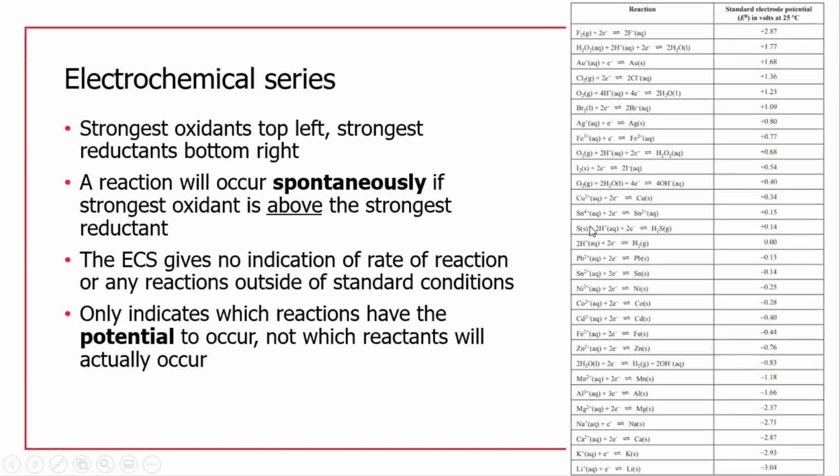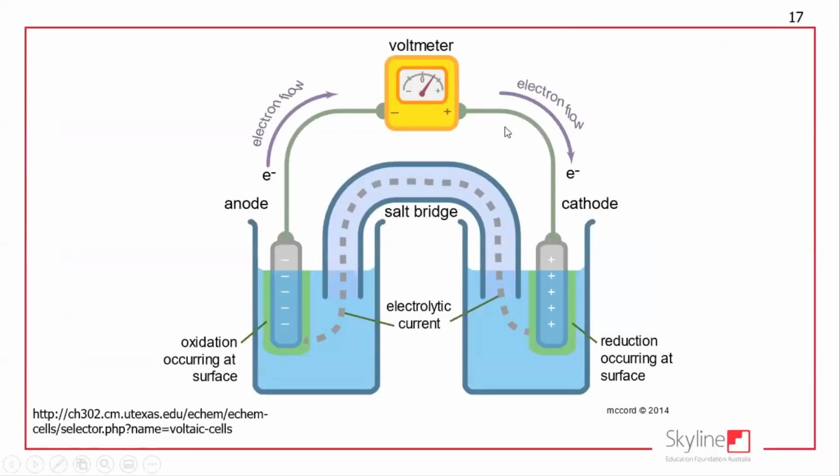But if our strongest reductant is above our strongest oxidant on the electrochemical series, then we're going to require energy for the equation to occur, which means it's no longer galvanic. We can no longer use it in a galvanic cell. We have to use it in an electrolytic cell.